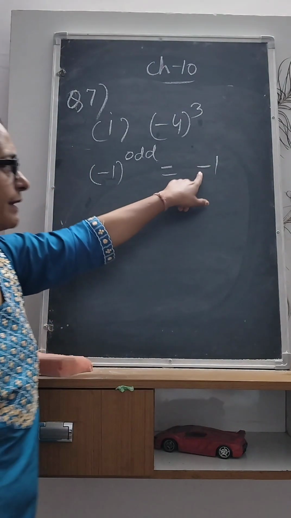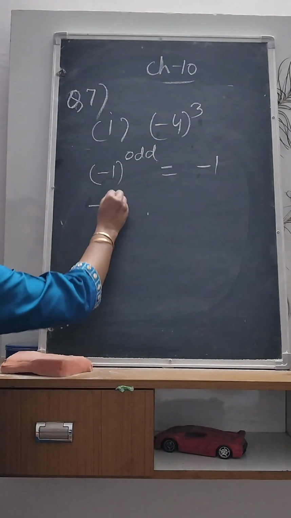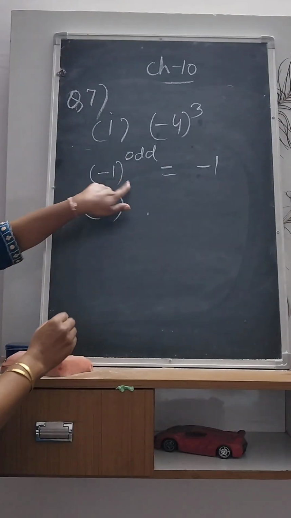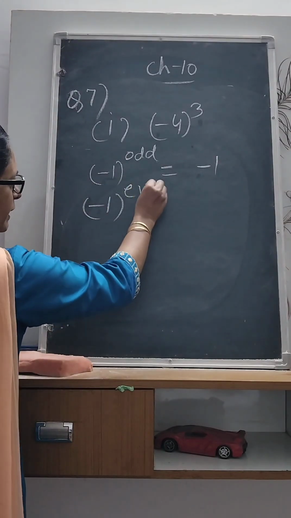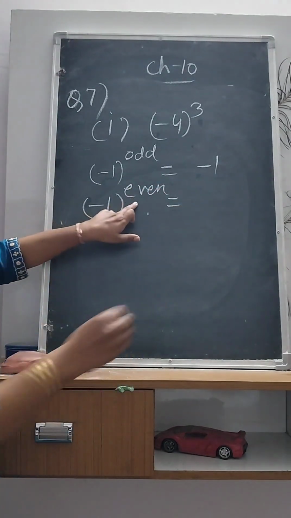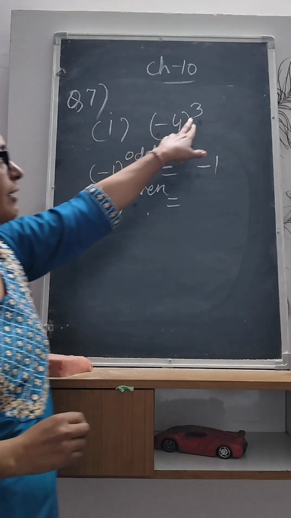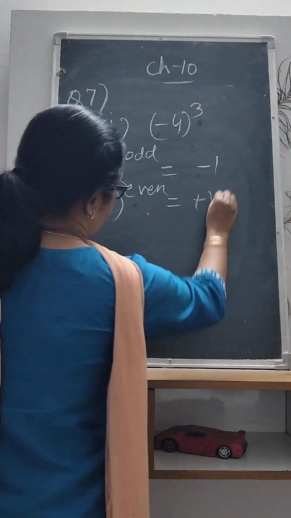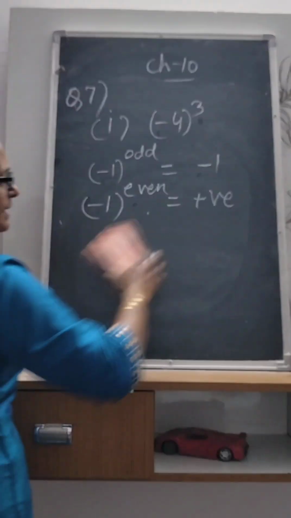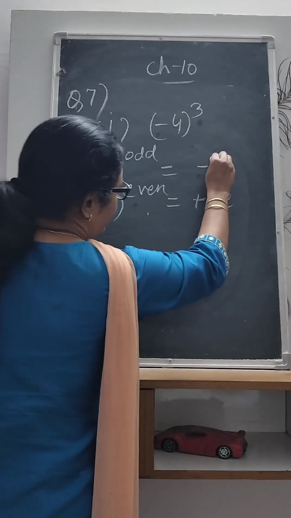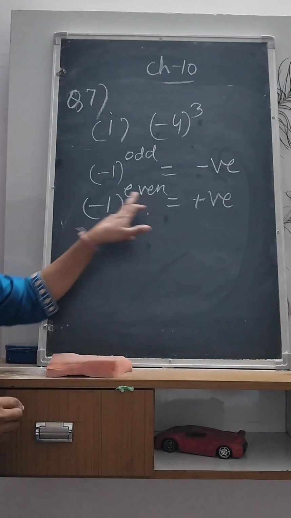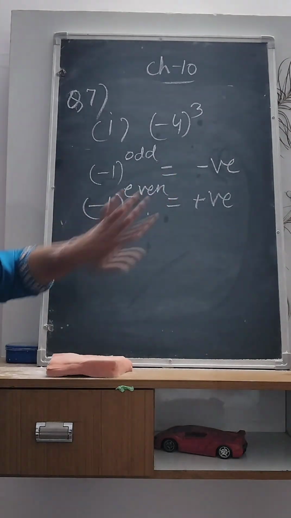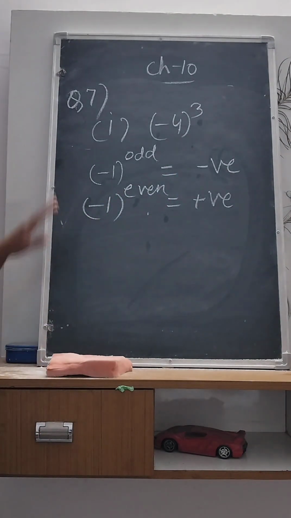But if the power is even, suppose instead of 3 we have 2, then the answer will always be positive. In this case we will always get a negative answer, and when the power is even, we will always get a positive answer. So you will remember this. It will be very helpful for you.